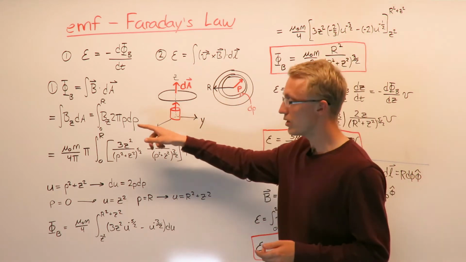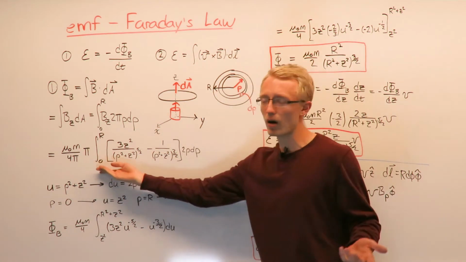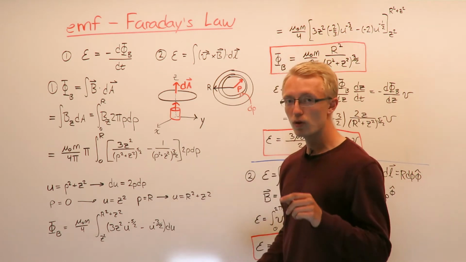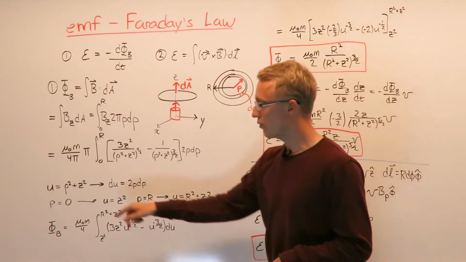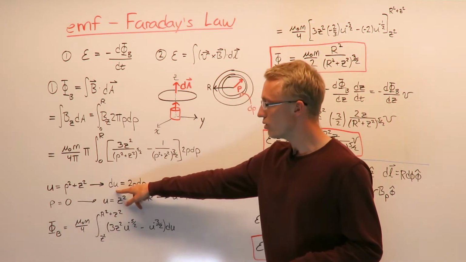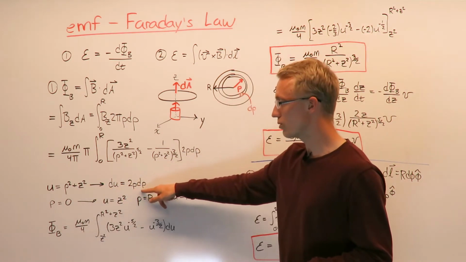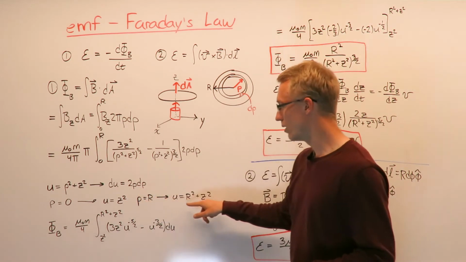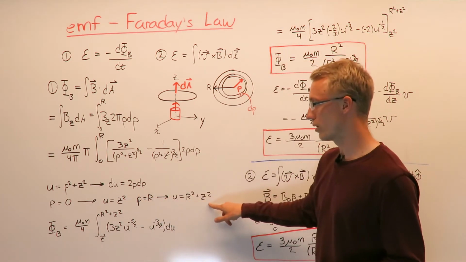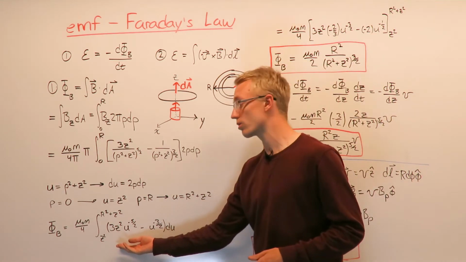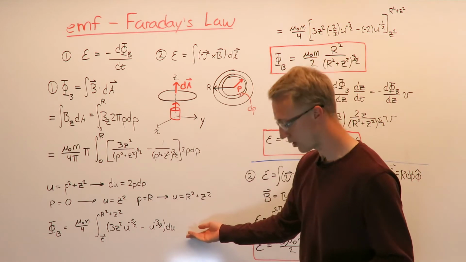Plugging in Bz, we get this fairly complicated looking integral. But we can make it a lot simpler just by doing one substitution. If we set u equal to rho squared plus z squared, du becomes equal to 2 rho d rho. And our limits now are z squared and r squared plus z squared. Substituting these values in, we get a much easier integral of two power functions.